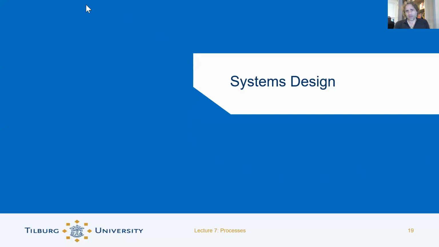Before the break, a bit about modeling and activity modeling. Now I want to talk about information flow modeling, mostly. But in order to do that, I need to explain one slide about systems design.